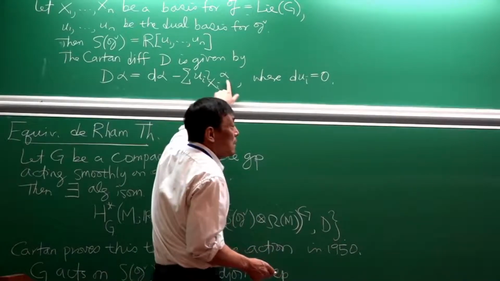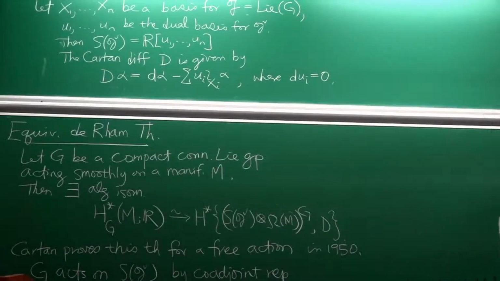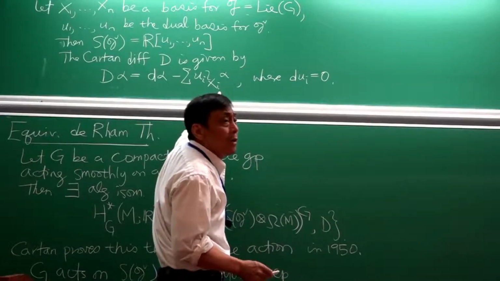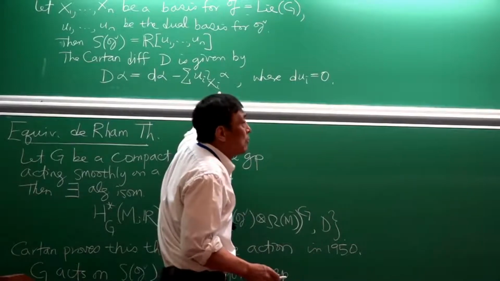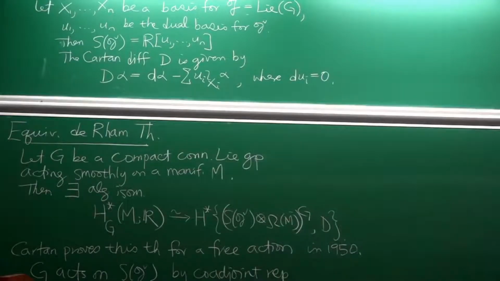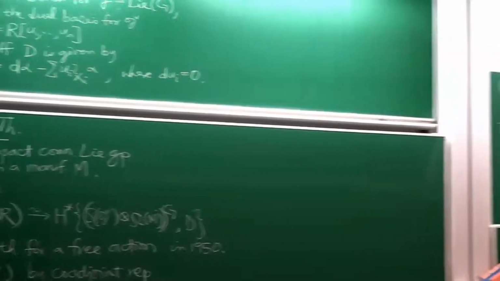Now alpha, right now, here, it's just the polynomials in u. What is i_X on u? 0. Yeah, it's 0 also. So D is 0 on the polynomials.